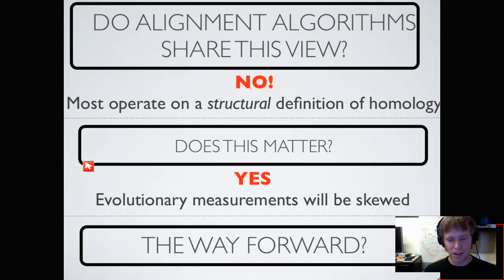You have one with a known structure and you have an unknown structure, and you align them and try to infer the structure of the unknown one based on the alignment. You want to have the most residues correctly aligned, because that means your structure prediction will be the best. But the funny thing is that doesn't necessarily correlate to evolutionary accuracy, and an alignment constructed under that definition of homology doesn't necessarily make a good evolutionary alignment.